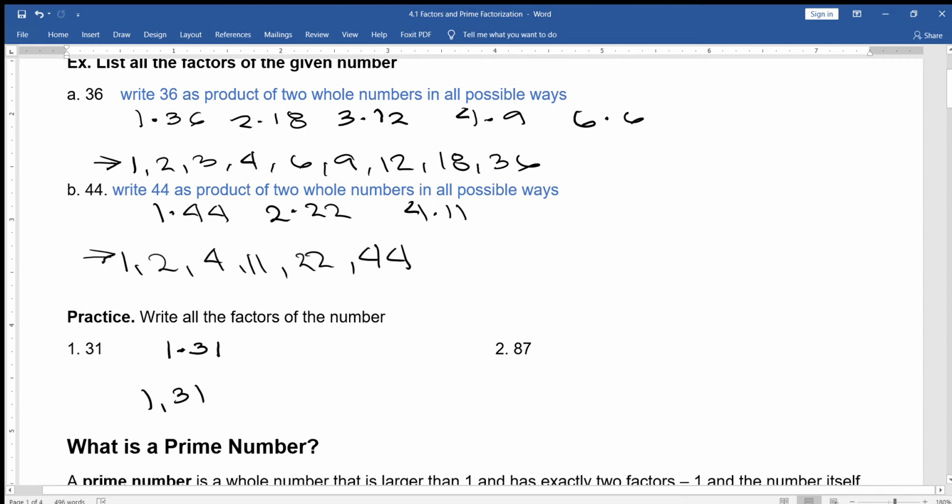First is 1 times 87. The next is 3 times 29. Is there any more? Not really. So the factors of 87 are simply 1, 3, 29, and 87. That's it.